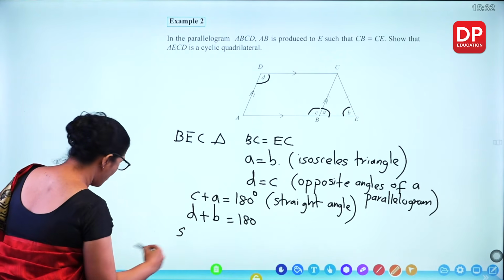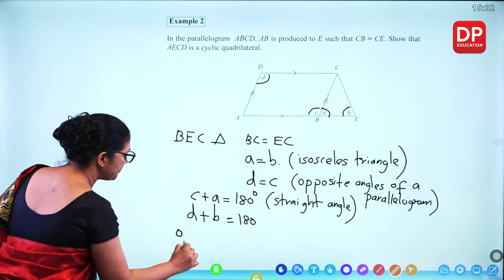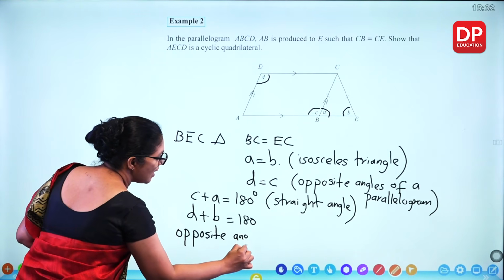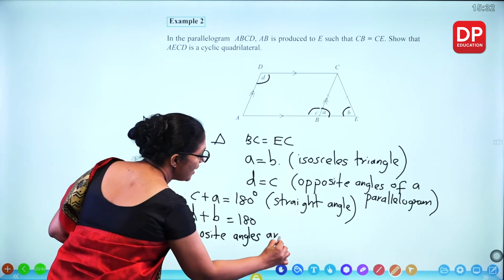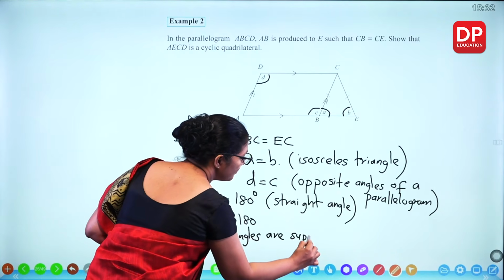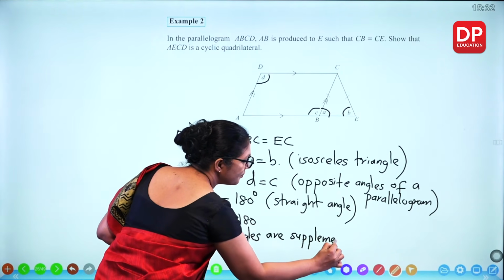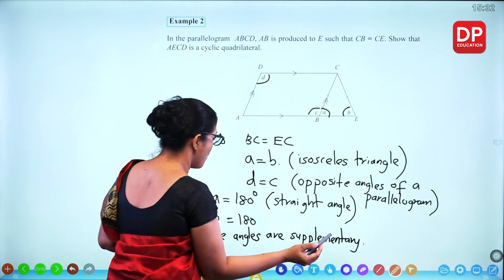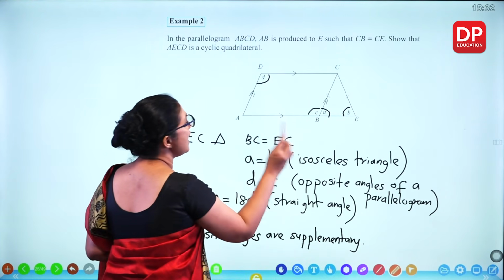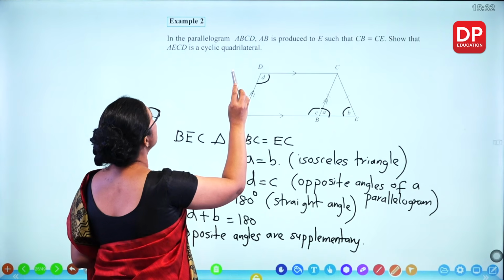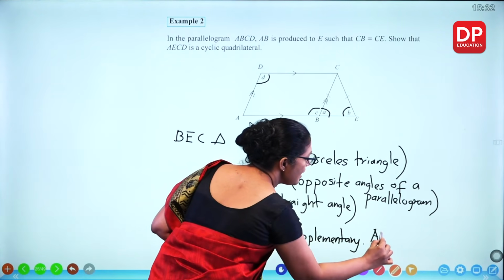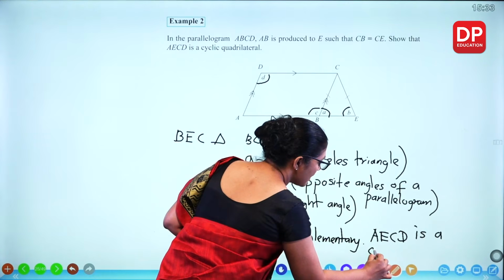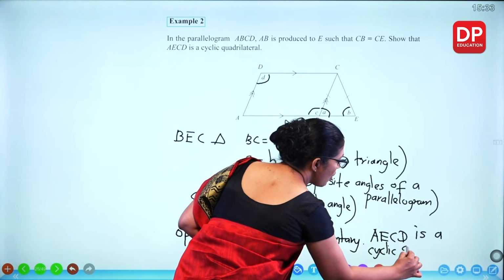You can write down opposite angles are supplementary. So therefore, AECD is a cyclic quadrilateral.